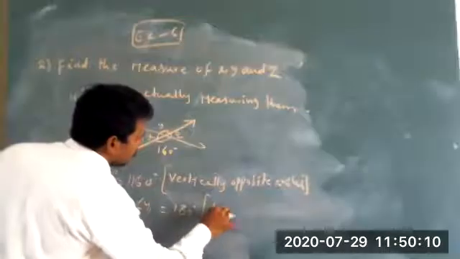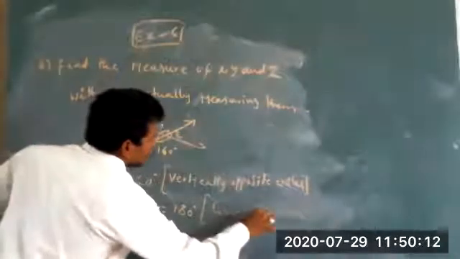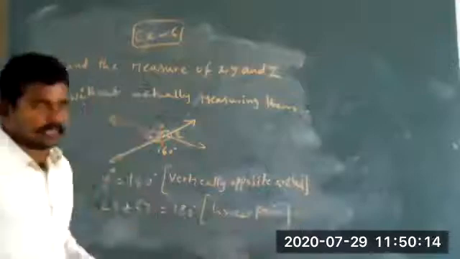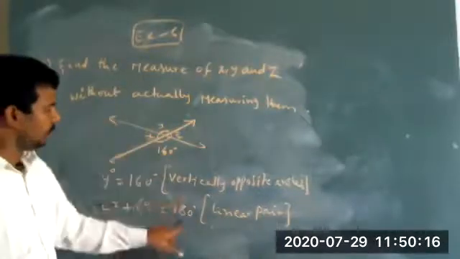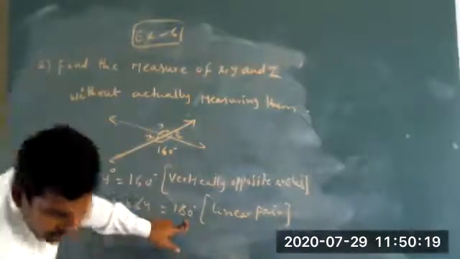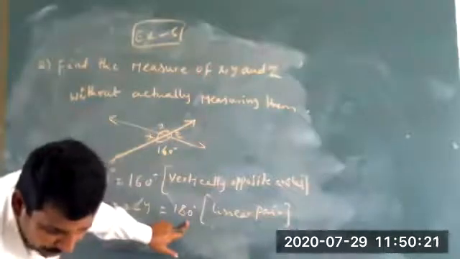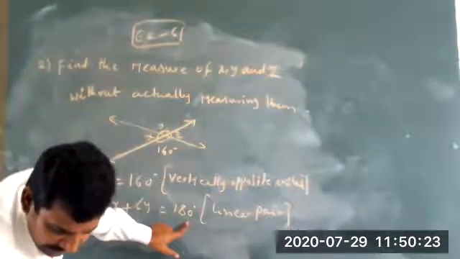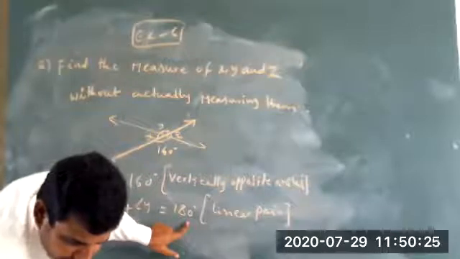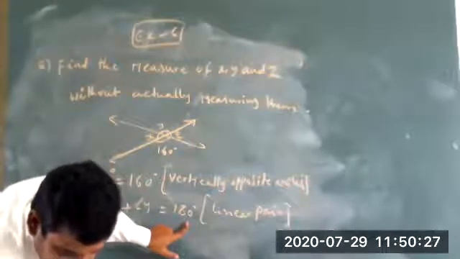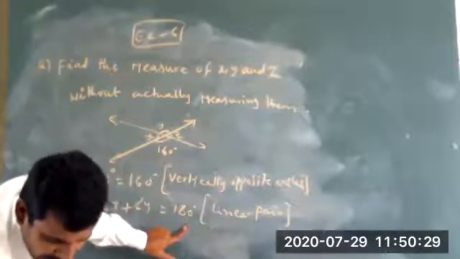Why? Because it is a linear pair. Clear, children? Angle x plus angle y equal to how much? 180 degrees. Why? It is a linear pair. What is the linear pair, children?